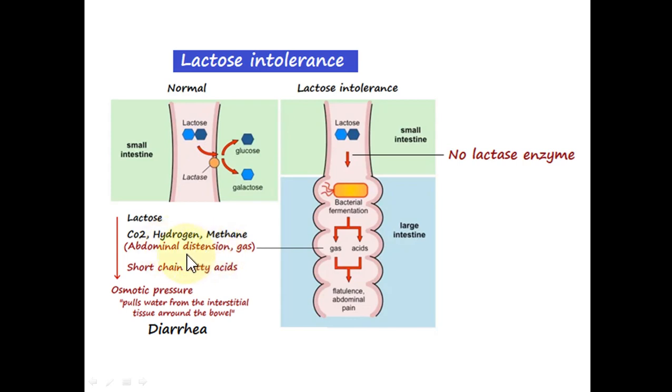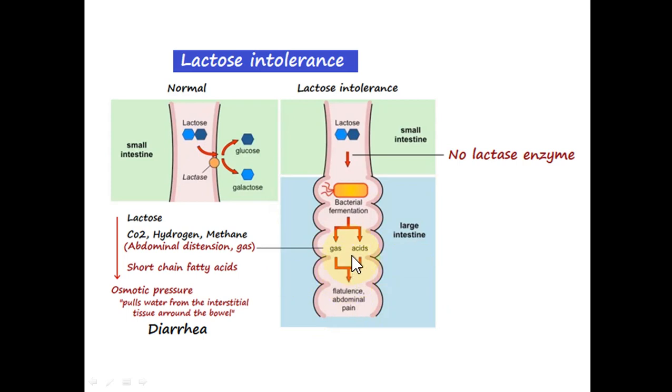Moreover, by the action of the large intestinal bacteria, which are the normal flora, the breakdown of the lactose will result in the production of short chain fatty acids, acetate and butyrate. So the presence of the lactose itself and the presence of the short chain fatty acids will produce an osmotic pressure in the large intestine, and the osmotic pressure in the large intestine, as compared to the pressure in the surrounding interstitial tissue, will be higher.